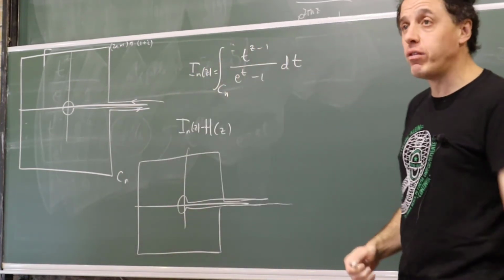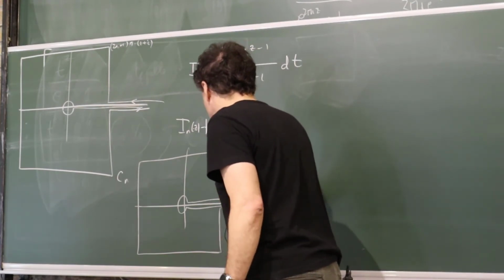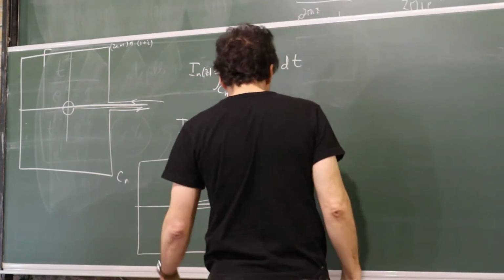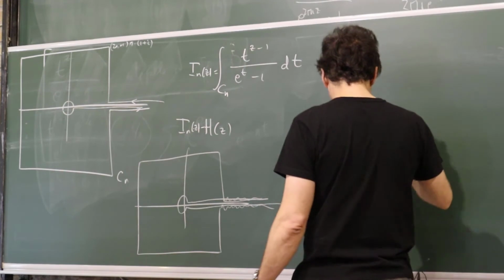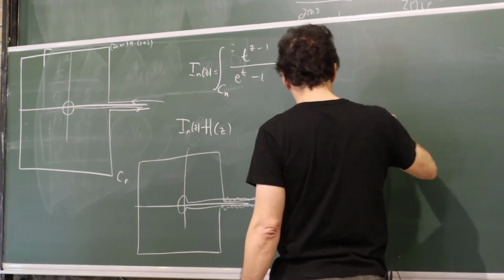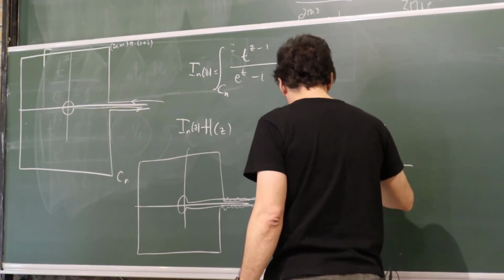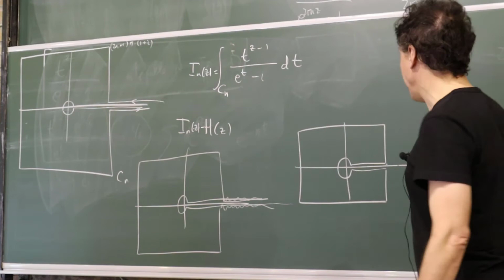And some of the paths cancel. The integrals here cancel, and the integral here cancels. So finally, in order to compute this difference, we have to compute the integral along a path like this, a square, we come back, something like this.